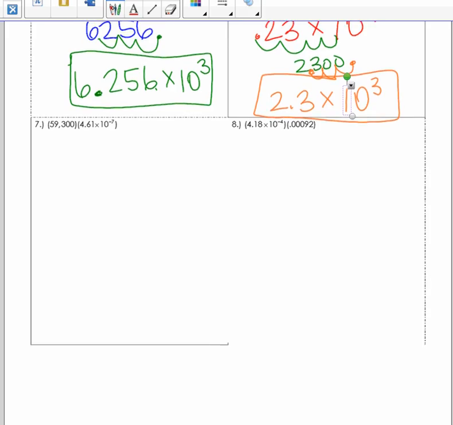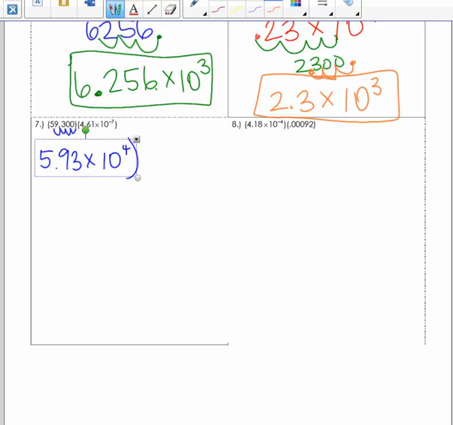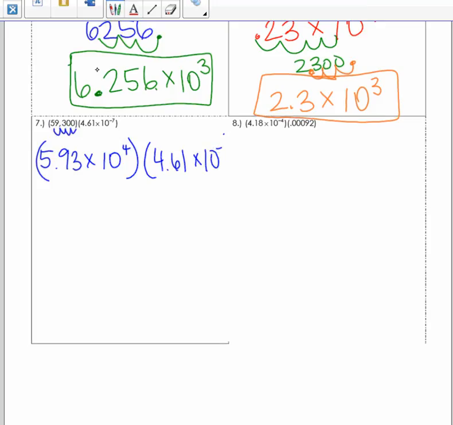On the bottom two, we need to convert the first one. So that converts, we bring it 1, 2, 3, 4. So you get 5.93 times 10 to the fourth times 4.61 times 10 to the negative seventh. Sorry guys, this computer's not doing it for me today.